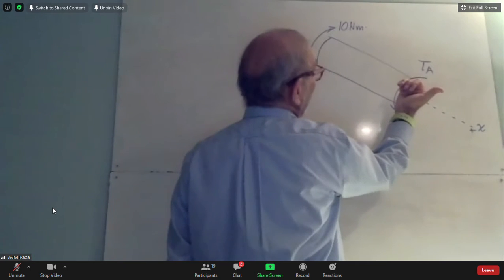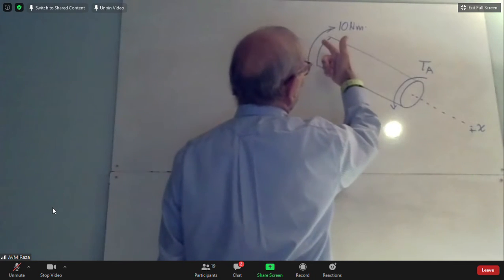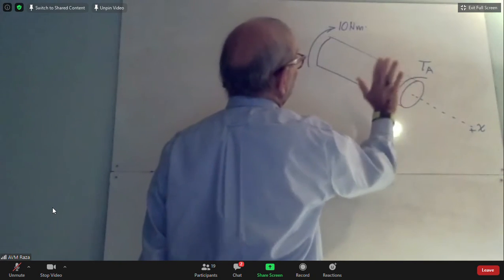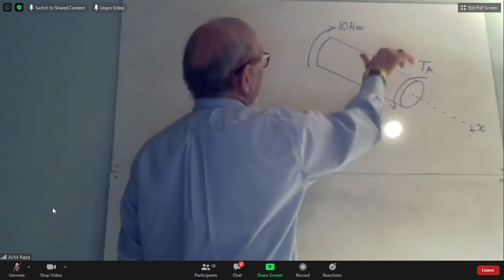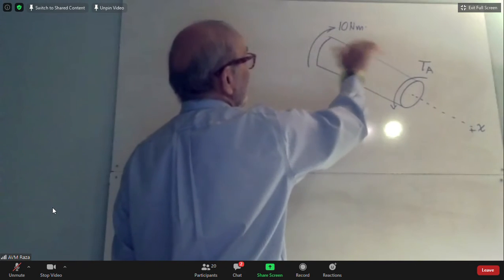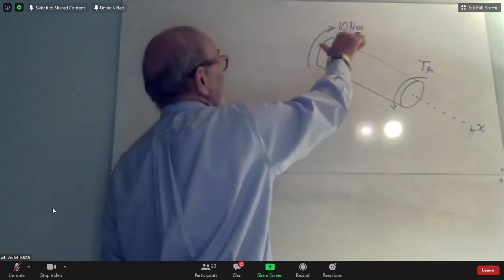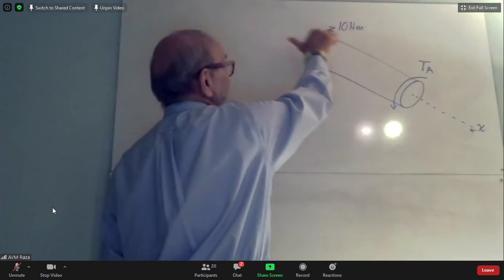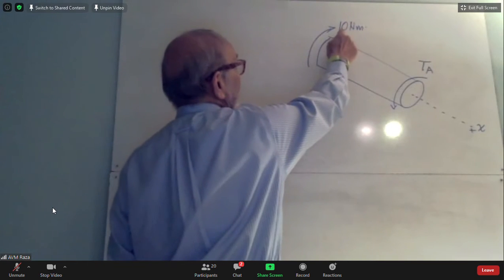Now, if you apply this to the other torque, you will find that if you curl your fingers in the direction of the 10 Newton meter torque, your thumb is pointing in the negative x direction. So this is a negative torque.